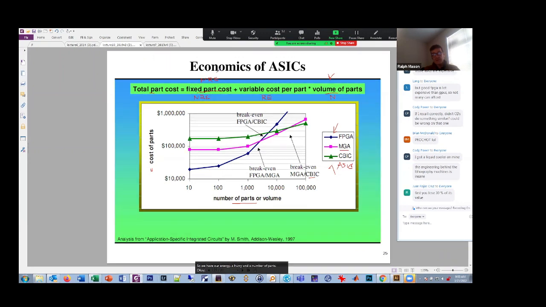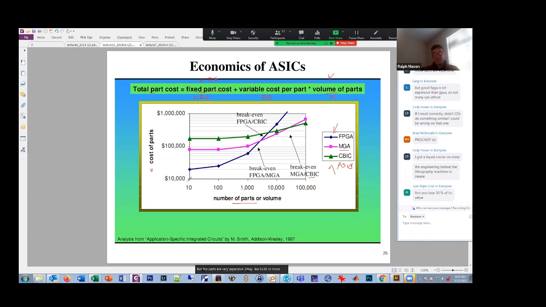Right? So let's look at the FPGA. The FPGA's NRE is very small. It's you in the lab designing your chip. How much do you get paid? You guys don't get paid very much. So it's very low, but the parts are very expensive, like $100 or more.